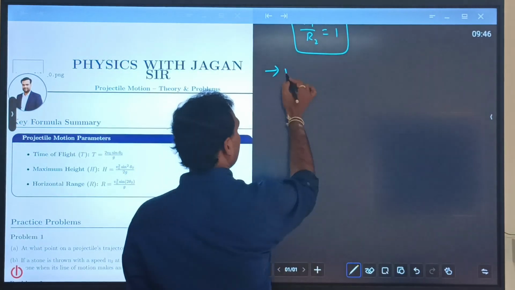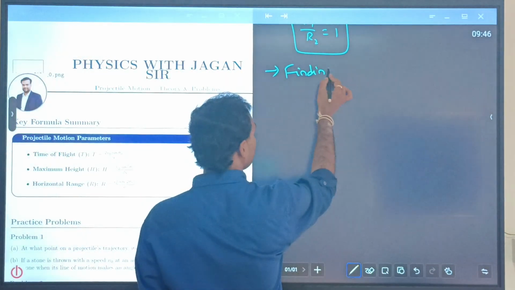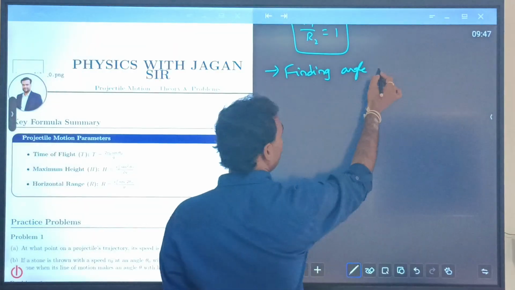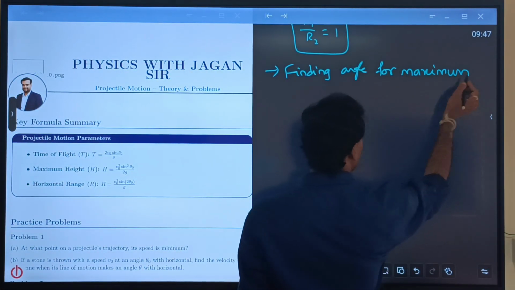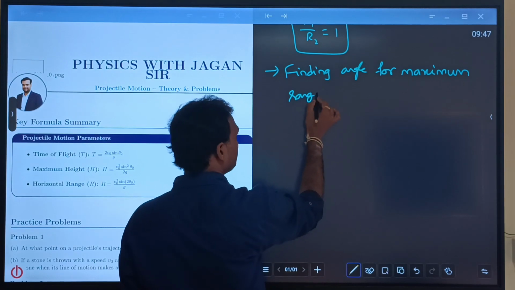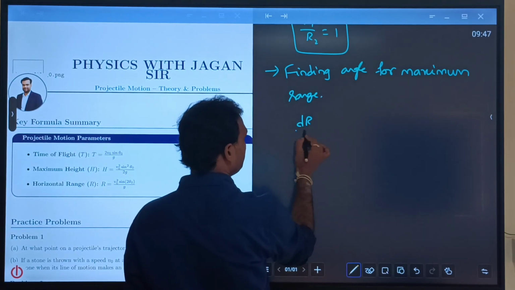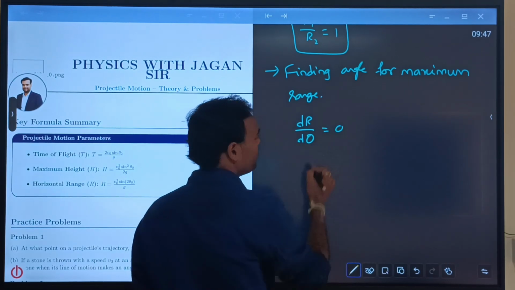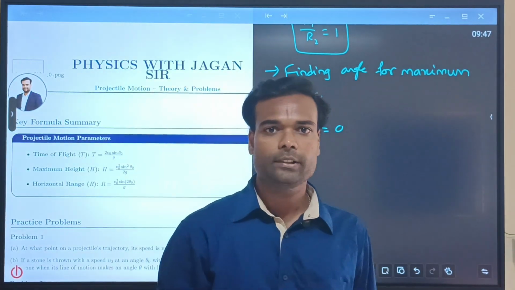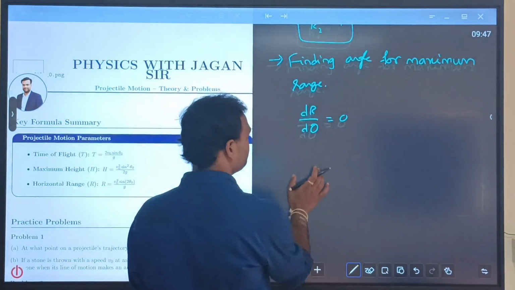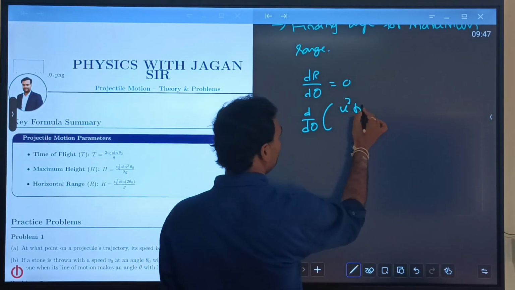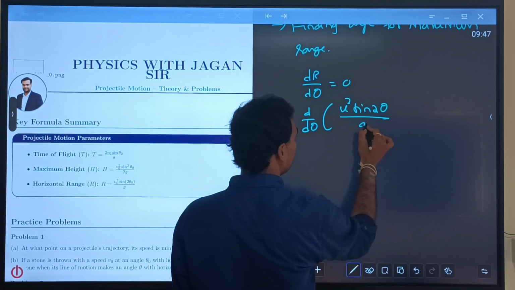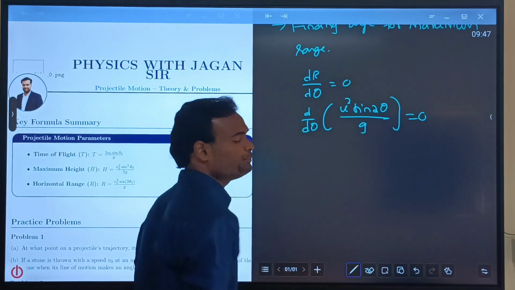Now finding the angle for maximum range. For that purpose, I am taking dR by dt equal to 0. This is the maxima condition, right? Now, d by d theta of u square sin 2 theta by g is equal to 0.